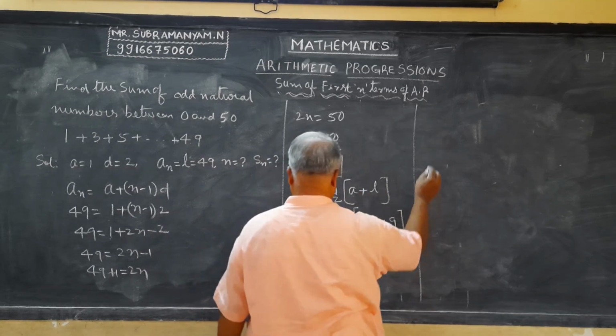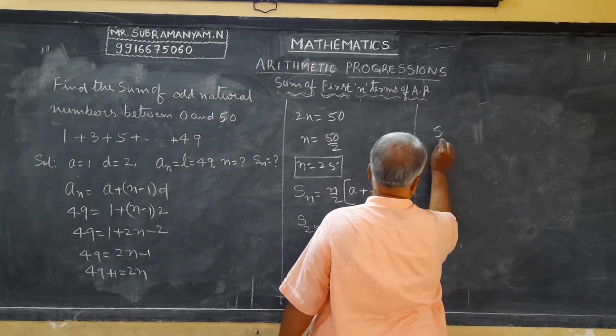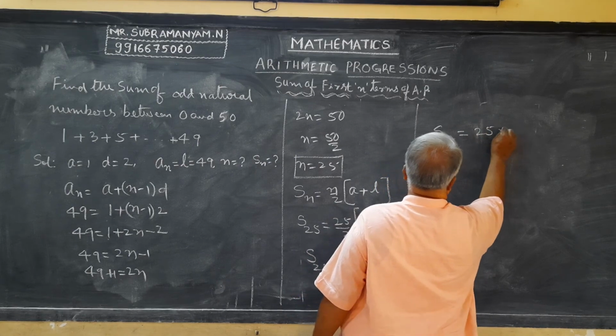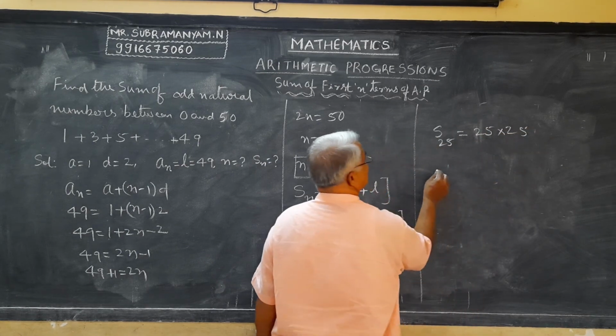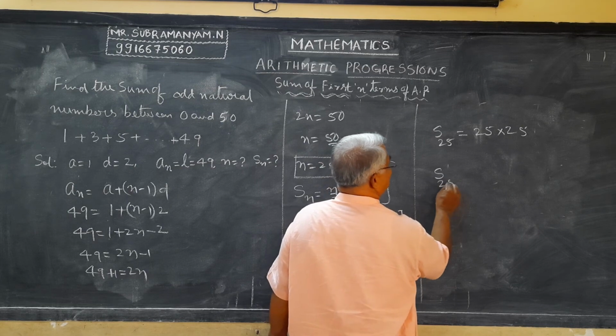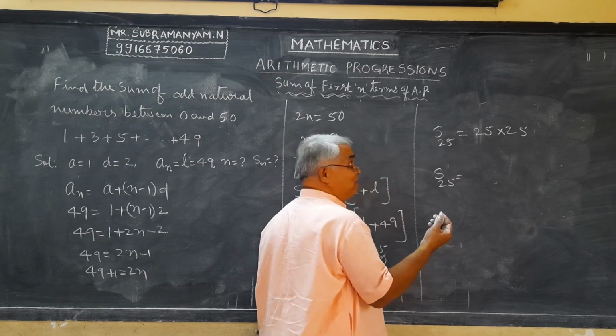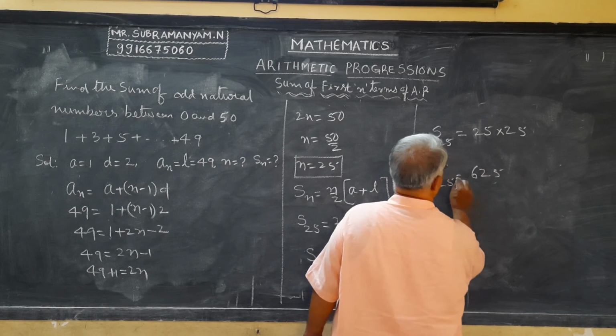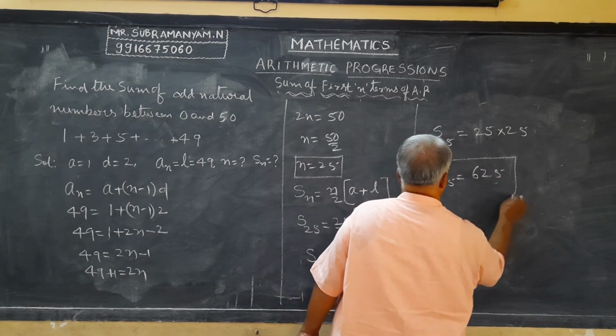So the value of S25 equal to 25 into 25. We know very well the square numbers, no? 25 into 25, 625 is the sum of these numbers.